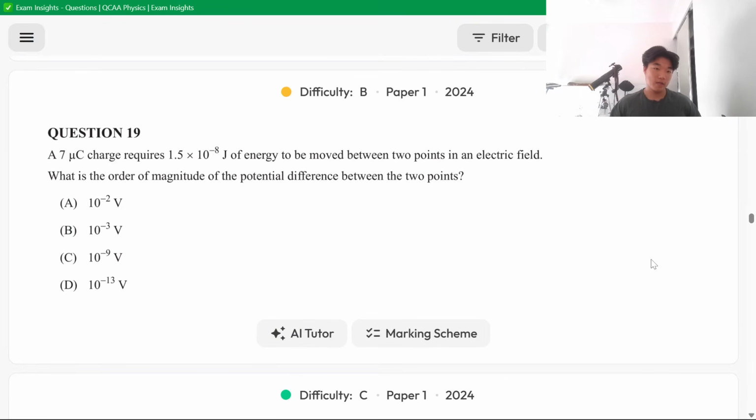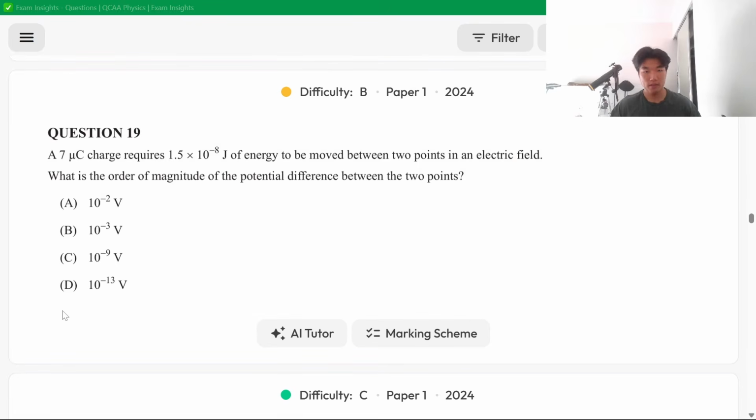A 7 microcoulomb charge requires 1.5 times 10 to the negative 8 joules of energy to be moved between 2 points in an electric field. Is that microcoulomb? I think it is. What is the order of magnitude of the potential difference between the 2 points?